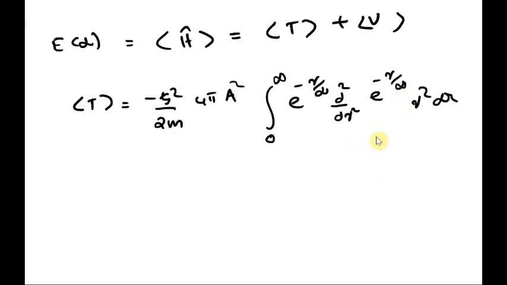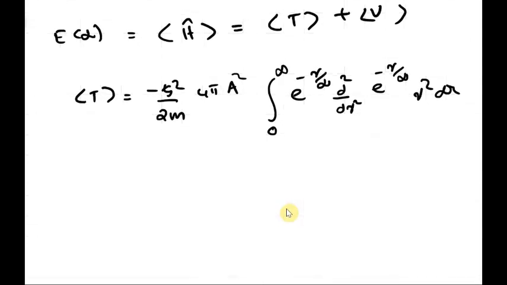So there is a discontinuity for that function. And in that case, if you take the second derivative, you will be in trouble. You will not get the correct answer. So to avoid that, whenever you are calculating this expectation value of kinetic energy, it's always better to use an expression like this.